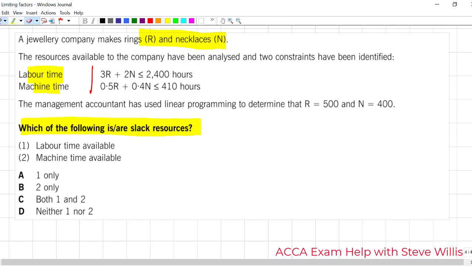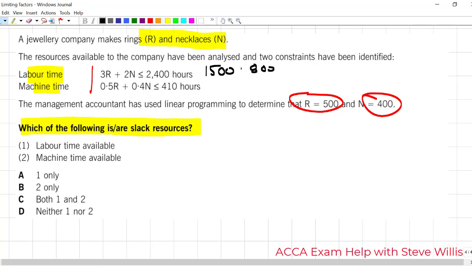If we're going to make 500 rings, 400 necklaces, well, 500 times 3 is 1,500. 400 times 2 is 800. Okay. So 1,500 plus 800 equals 2,300.